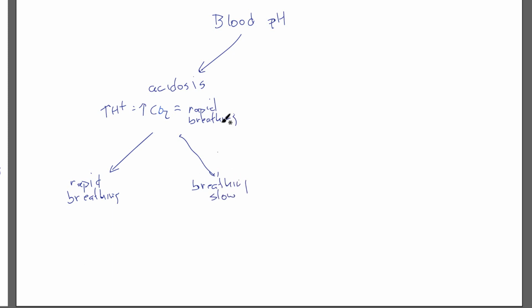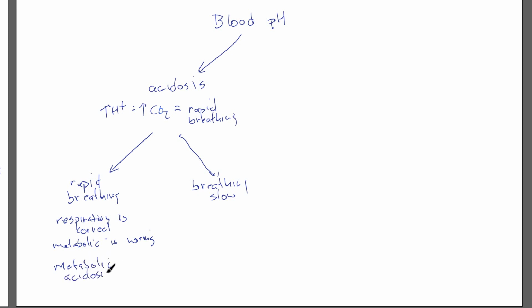Well, if they're supposed to be breathing rapidly, and they are breathing rapidly, it means respiratory is right, is correct, and metabolic is wrong. So this is metabolic acidosis.